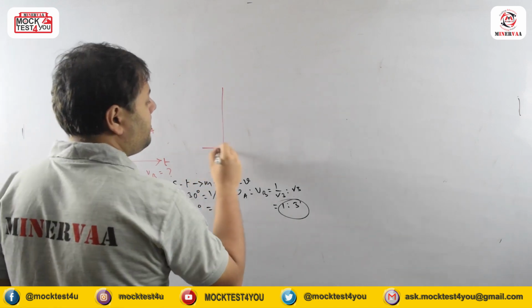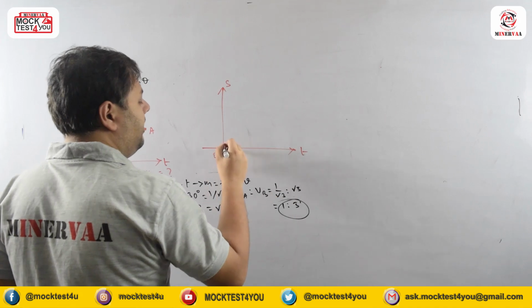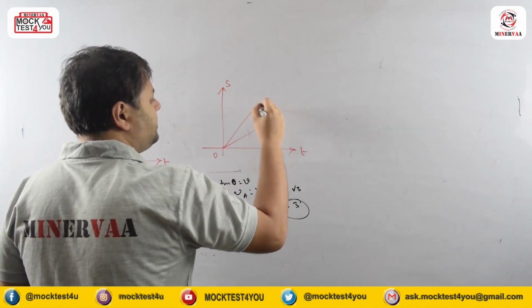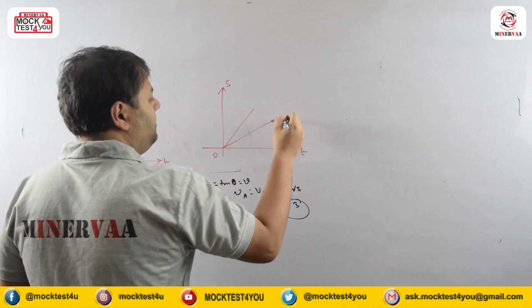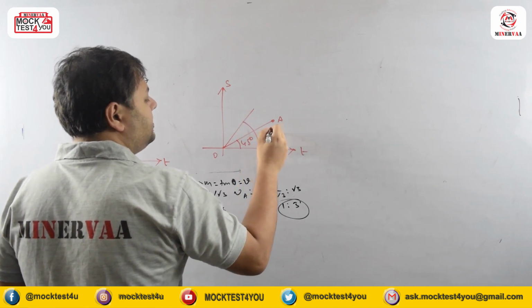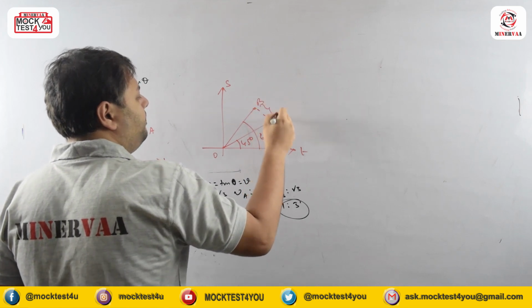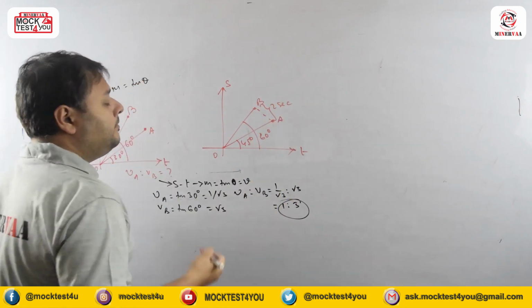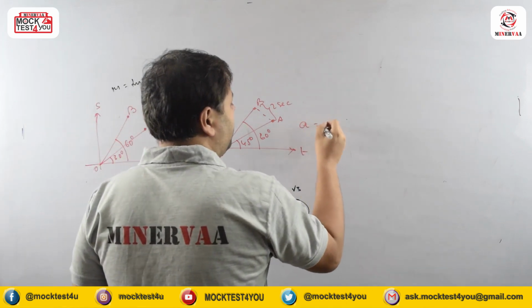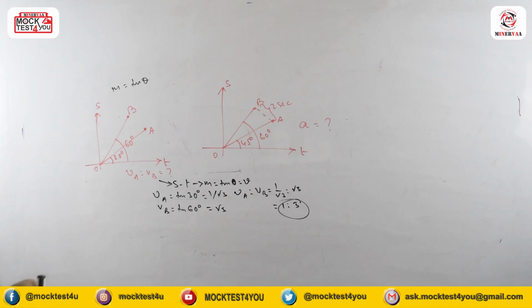Suppose again I have drawn an ST graph. I am showing two points similarly. Here let A be 45 degrees and B be 60 degrees, and the particle has traveled from A to B within a time of 2 seconds, and you are supposed to find the acceleration of this moving particle.